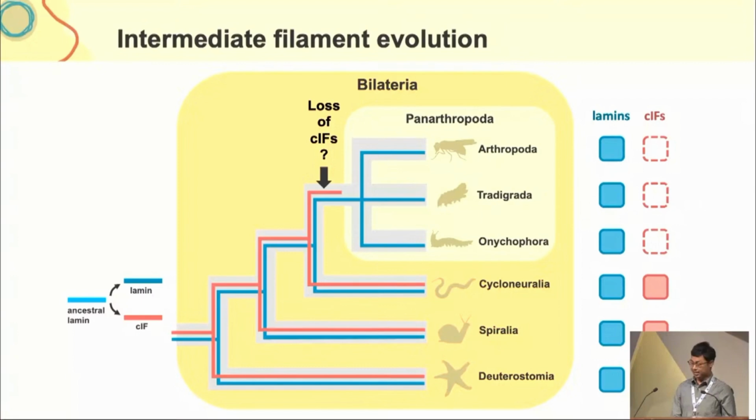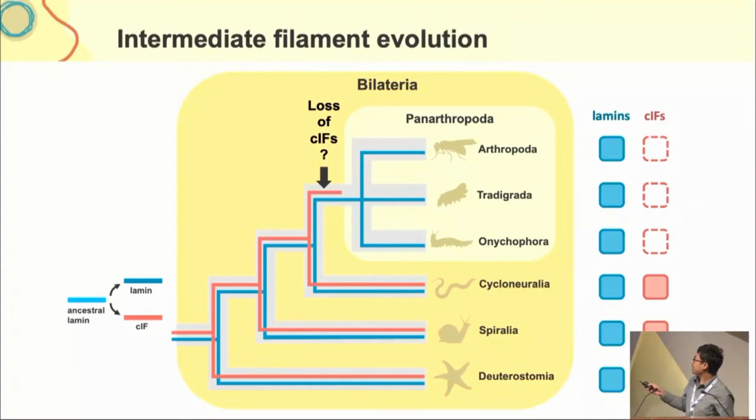Regarding the evolutionary history of these proteins, most people believe that cIF might have emerged from the lamin ancestor by a single gene duplication event in the common ancestor of all Bilaterians.